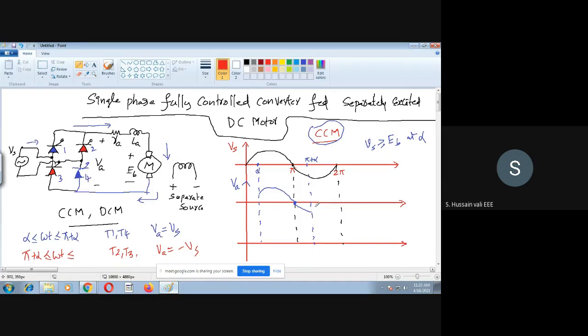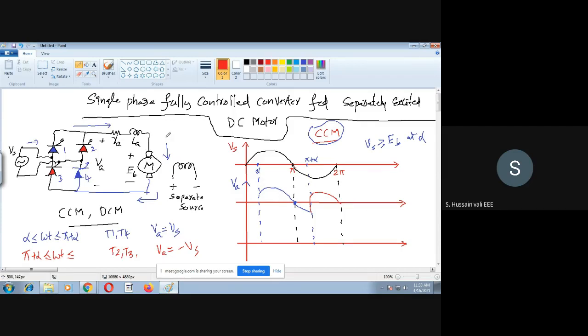Let me draw this positive part. This will continue till 2 pi. Now after 2 pi, what is the situation? I told you already that it's a continuous conduction.